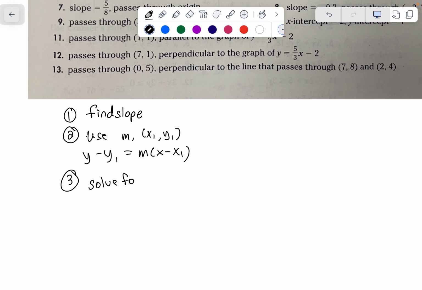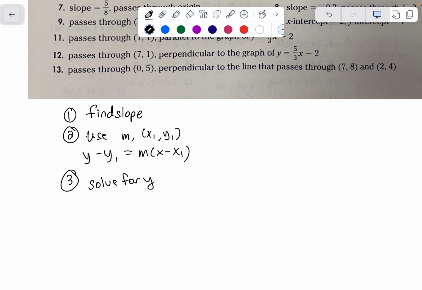There's a thing in calculus class where you do the slope of a tangent line. You still follow those 3 steps all the way in calculus. So knowing how to find the equation of a line will get you very far. You can use it many times. So find the slope, use the slope and a point to plug into this equation, and then solve for y.